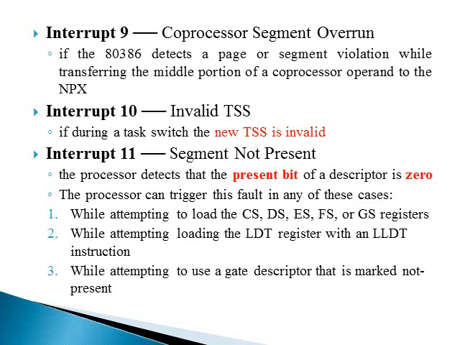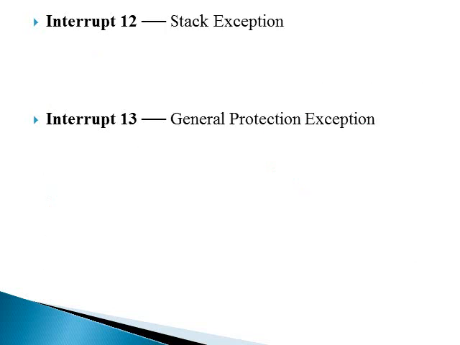So the main reason the segment not present exception is raised is when the present bit of the descriptor is 0.